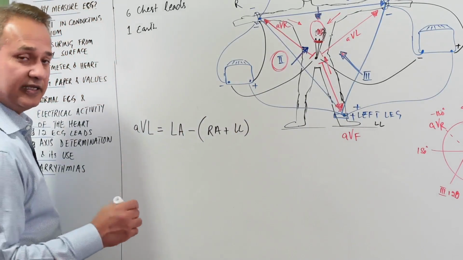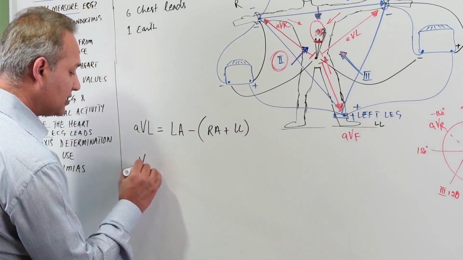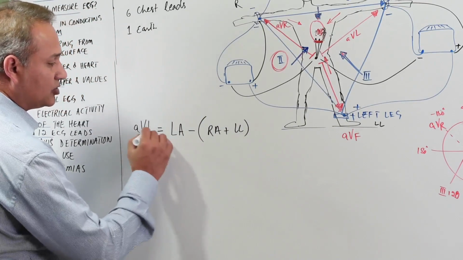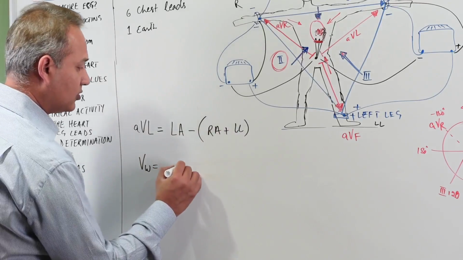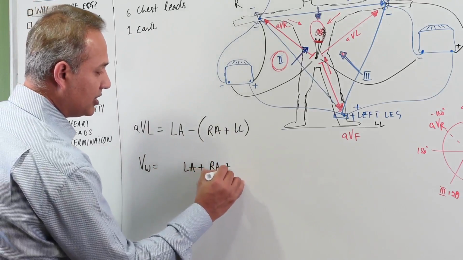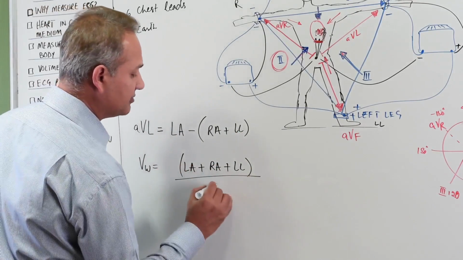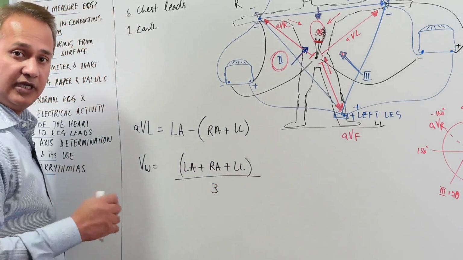About the Wilson's lead, that is even simpler. Wilson's lead is basically, you take all these three, so left arm plus right arm plus left leg, and you average them, that is divided by 3, and that gives you the lead.